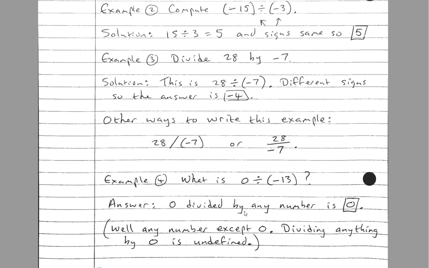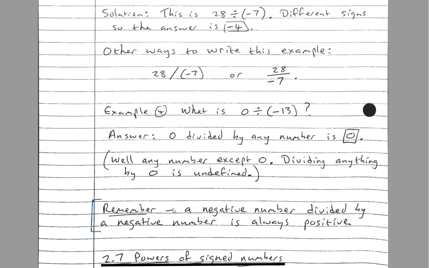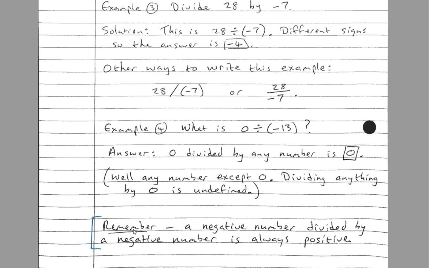Yeah, 0 divided by any number except 0. So 0 divided by 0 is undefined, but 0 divided by anything else, negative 13, 0 divided by 106, that'll be 0. And yeah, just to emphasize this, a negative number divided by a negative number is always positive.